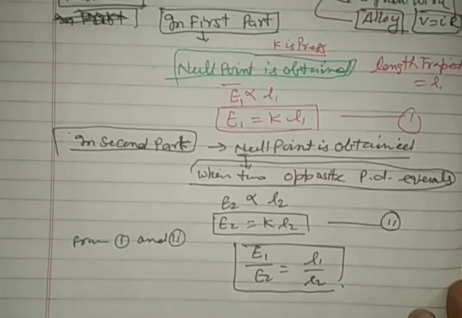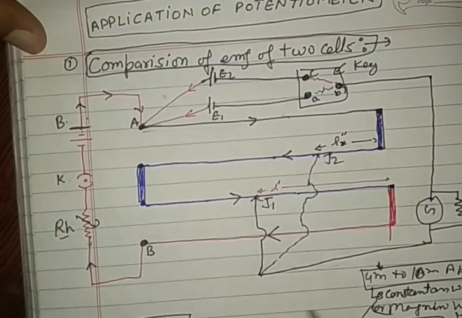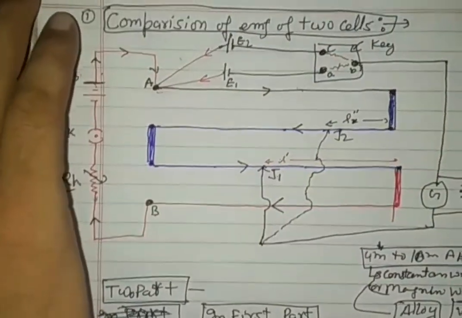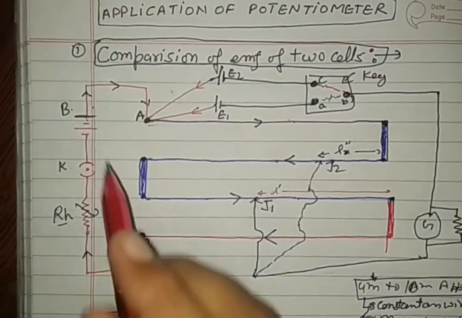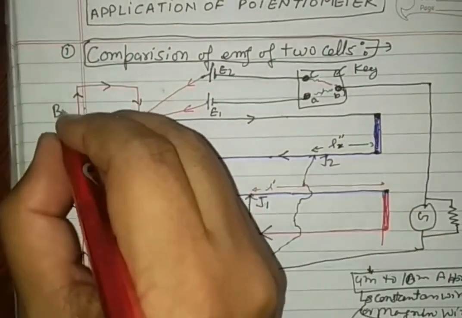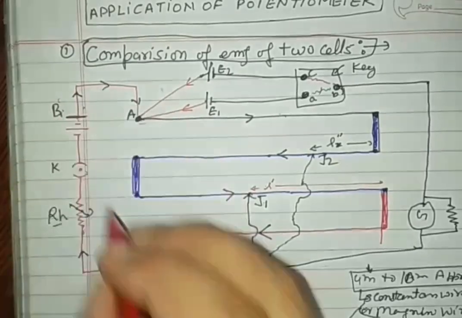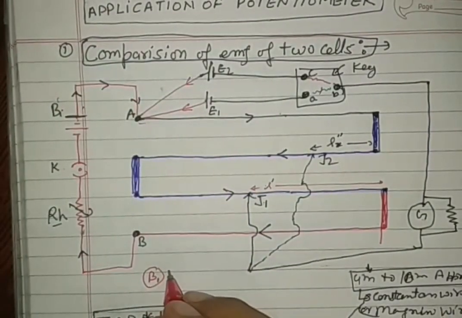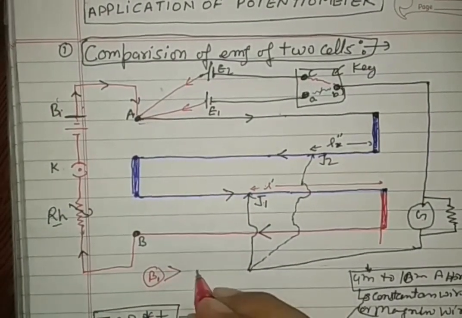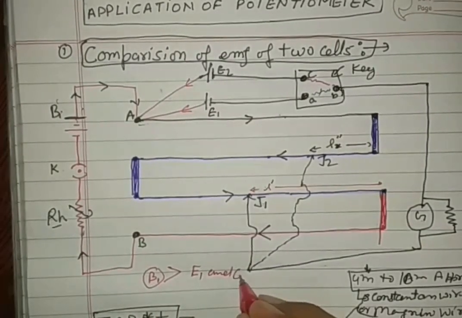There are a few precautions while we are doing the experiment. In this experiment, see very carefully. When we are performing this experiment, one thing keep in mind. The battery B is connected in the main circuit. Suppose we are getting a battery B1 here. Its EMF must be greater than E1 and E2.